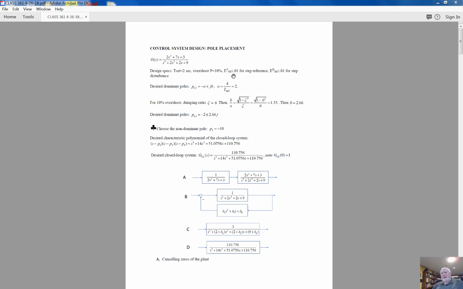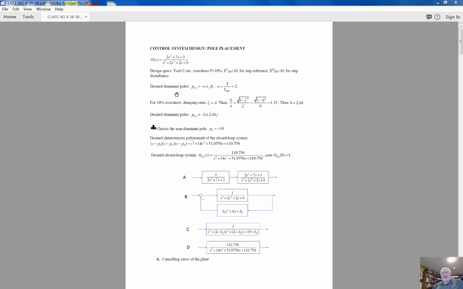It is also required that the steady state tracking error should be under 0.01, whatever the units are, for step reference, and the steady state error for disturbance also shall not exceed 0.01 for step disturbance.